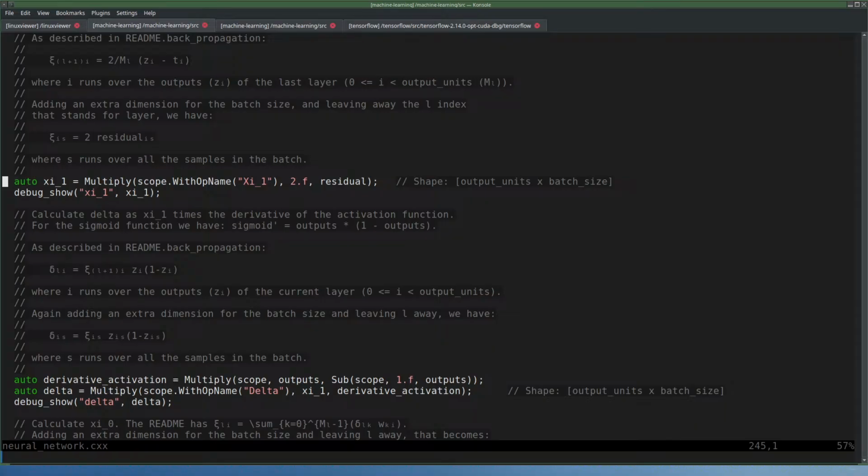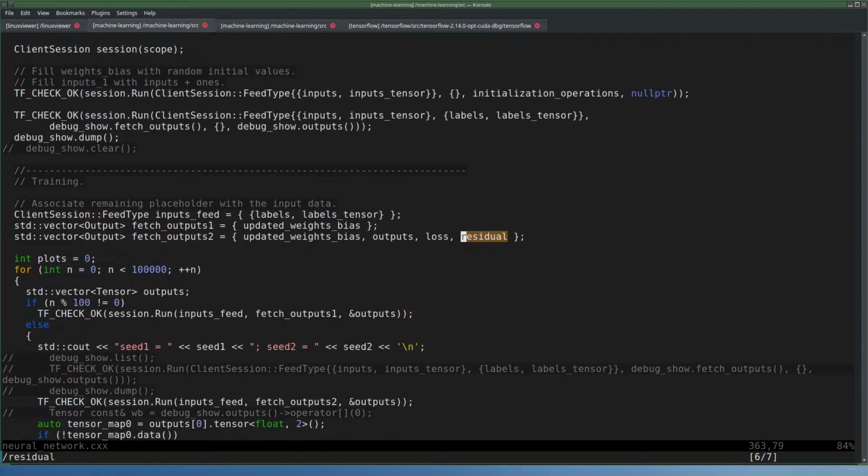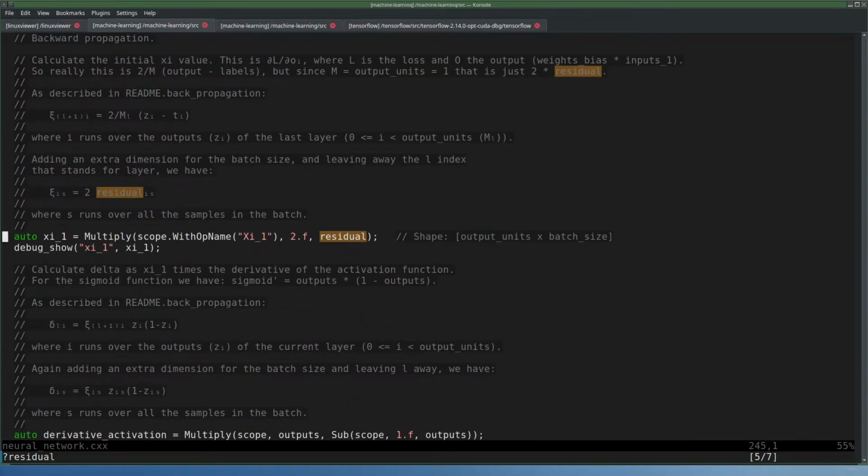Two times the residual. That's definitely the derivative. So yeah, that's all. Training, that's it, yeah.